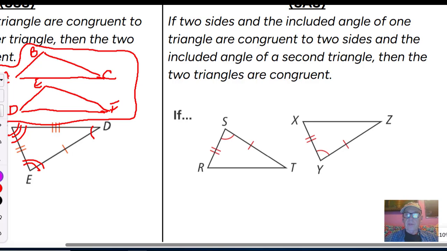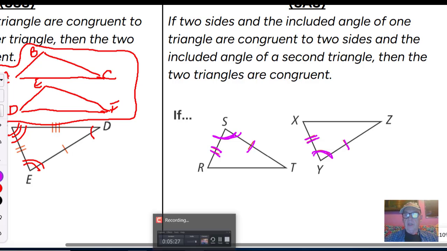So let's see. Angle S is congruent to angle Y. SR side is congruent to XY side. And ST side is congruent to YZ side.